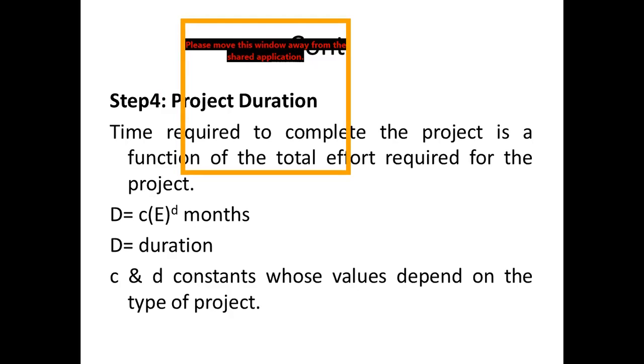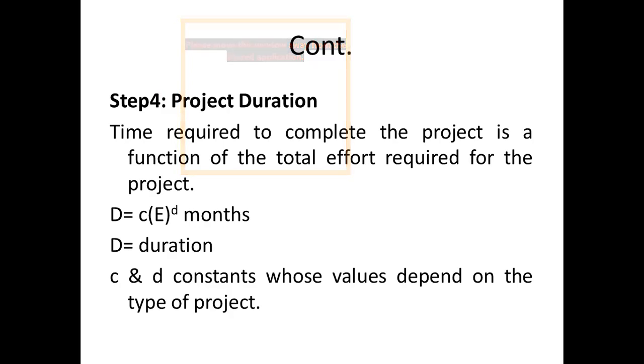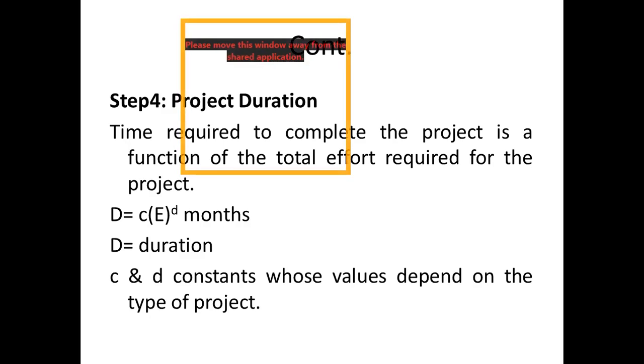C and d are constant values, and the values will depend on the nature or the type of the project. It means again we have a table from which we can choose the values of constants. Again it will depend on the type of project. It may be an organic type, semi-detached type or embedded type.